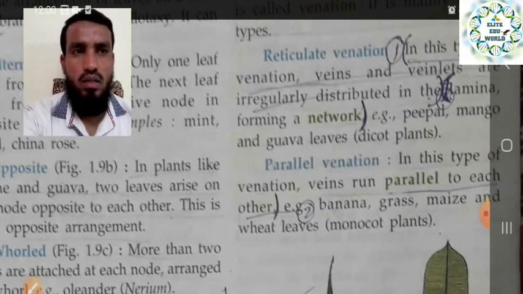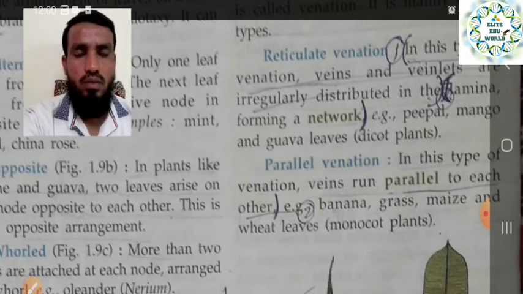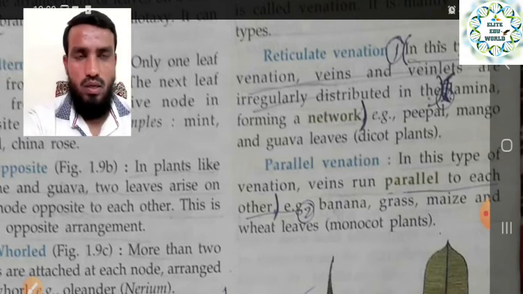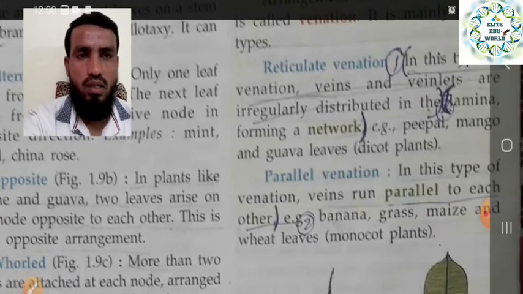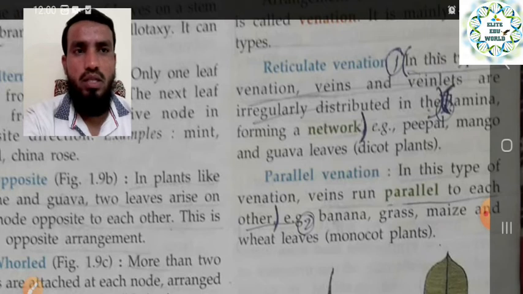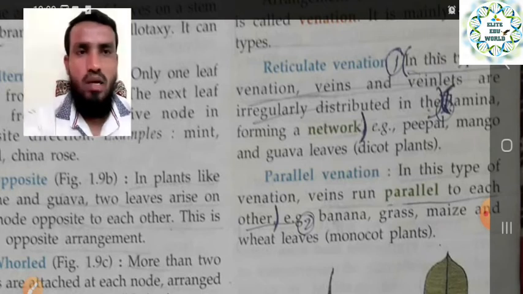Reticulate means random, the type of venation with veins and veinlets. Veins are the main veins, which are further divided into veinlets, the small veins, but they are irregularly distributed in the lamina, forming a network, right.